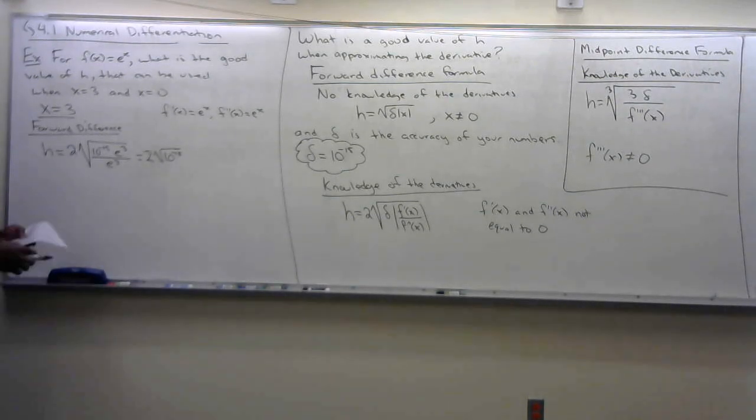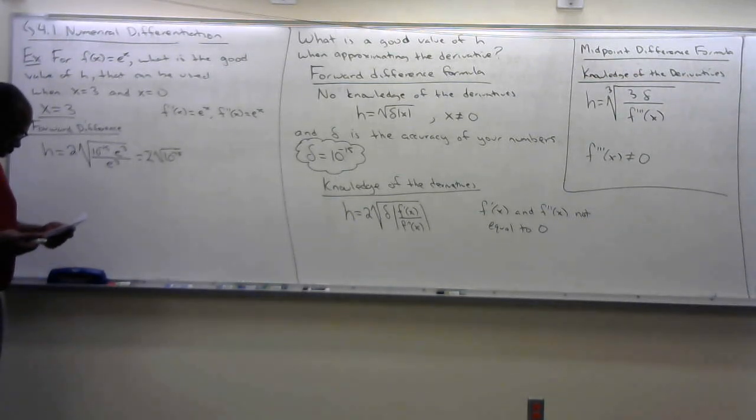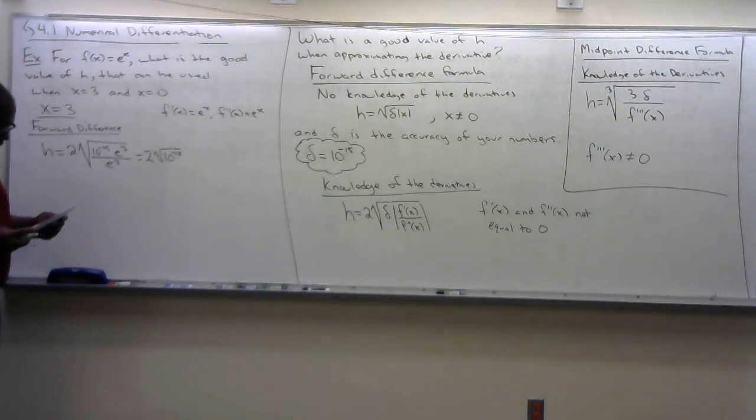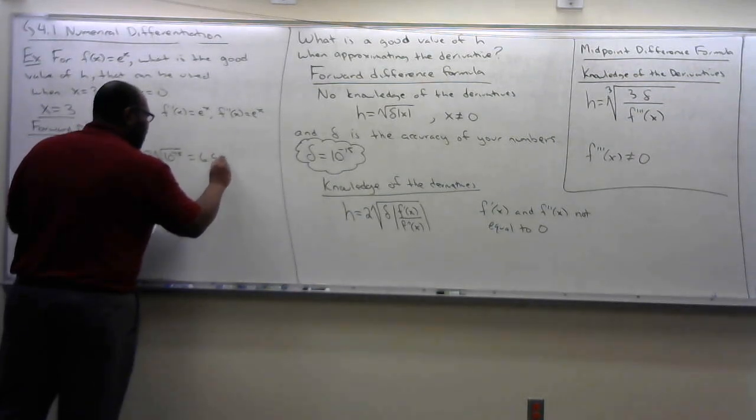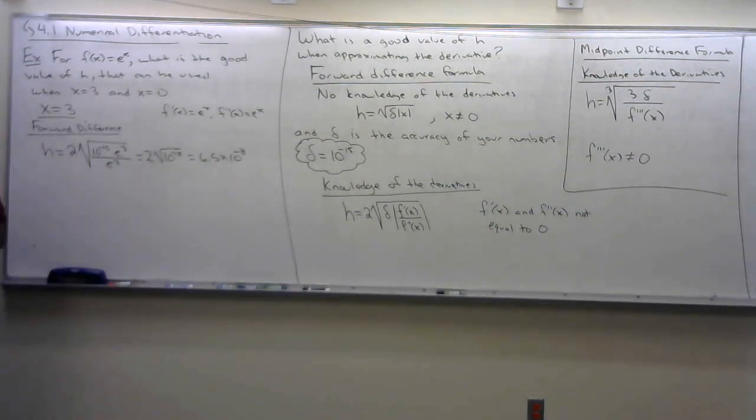And what does that give me when I do that? About 6.5 times 10 to the negative 8, approximately. Let me double check it real quick.